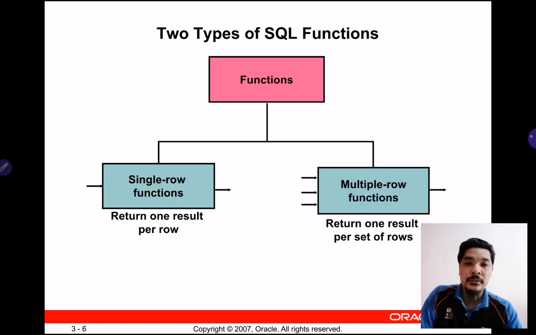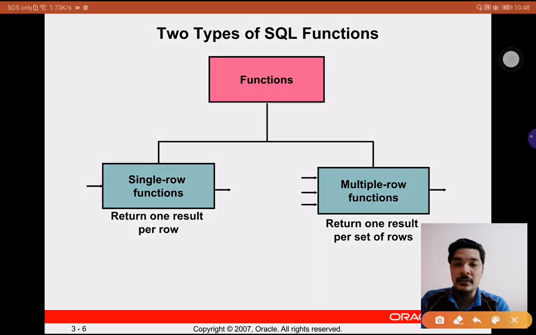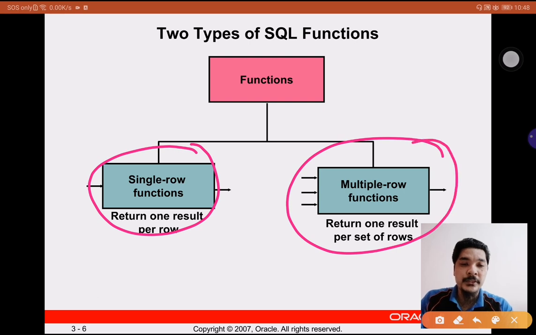There are two types of SQL functions. Number one is single row functions, and number two is multiple row functions. What is the difference? For single row functions, we consider one input row, put it inside the function, and it will produce one result, returning one result per row.